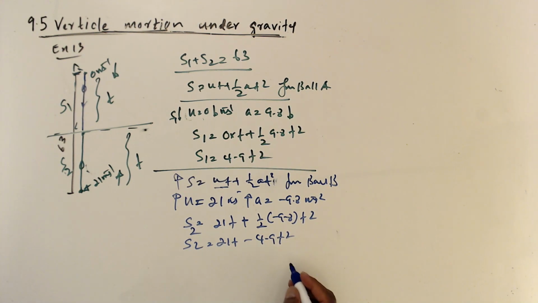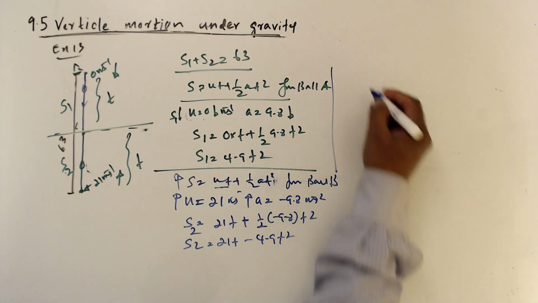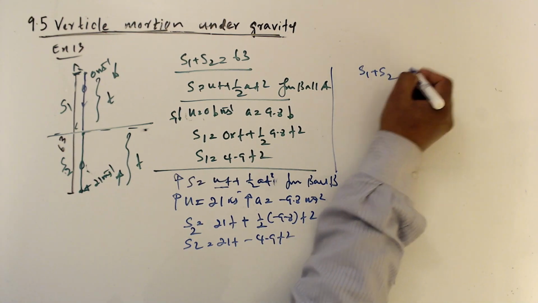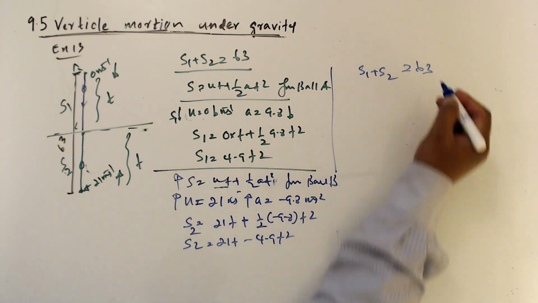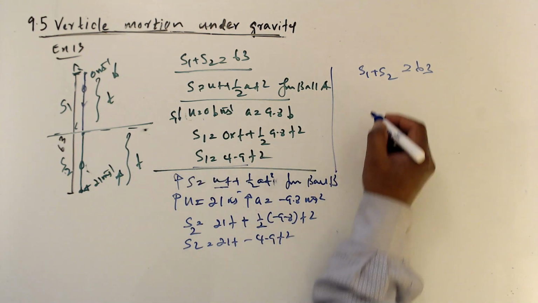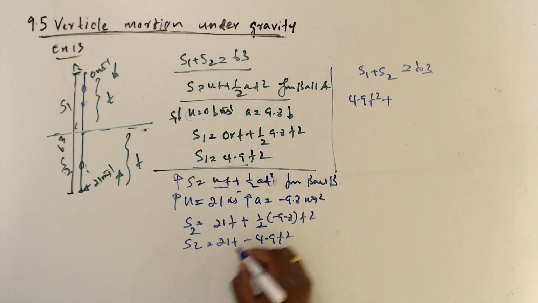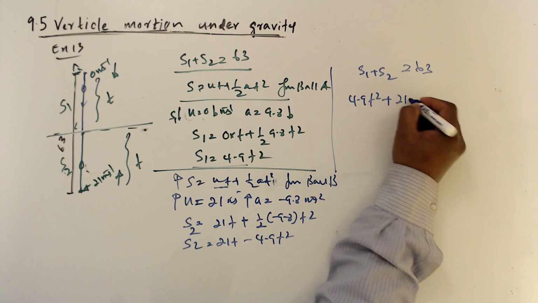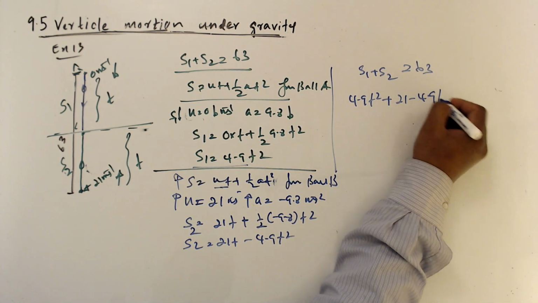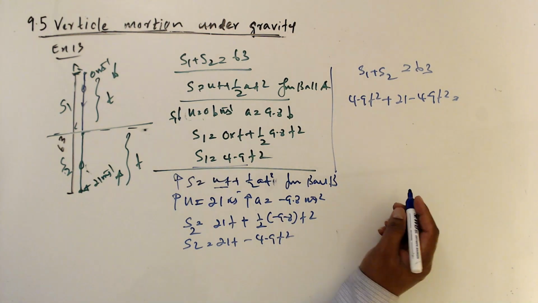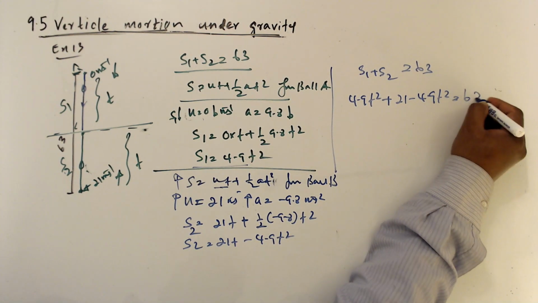Now S1 plus S2 equals, we know, 63. From here S1 is 4.9t square plus S2 is 21t minus 4.9t square, equals 63.